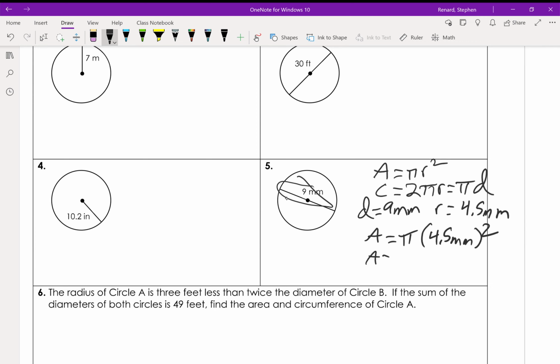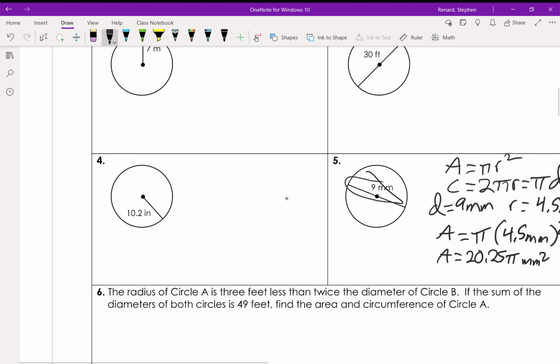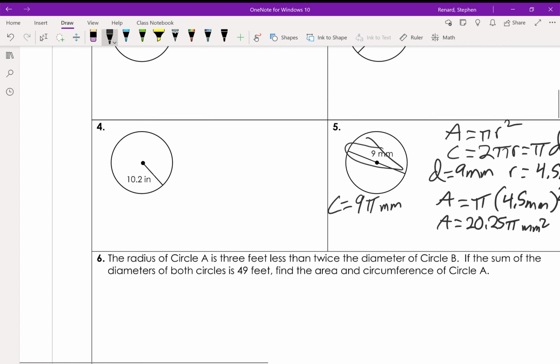So area equals 20.25 pi millimeters squared. And the circumference, because we already have the diameter, is super easy because it's just 9 pi millimeters.